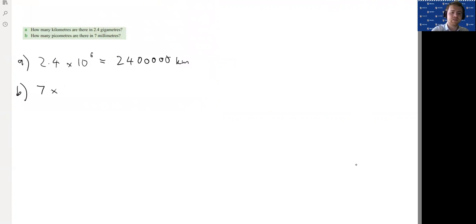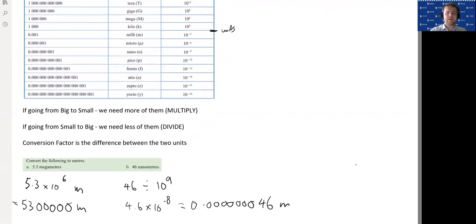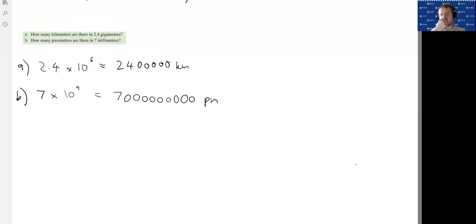That's the difference between these two things, which equals 7, and then just 9 zeros. 1, 2, 3, 4, 5, 6, 7, 8, 9 picometers, which is just lowercase p, m. I believe it's just p. Yeah.